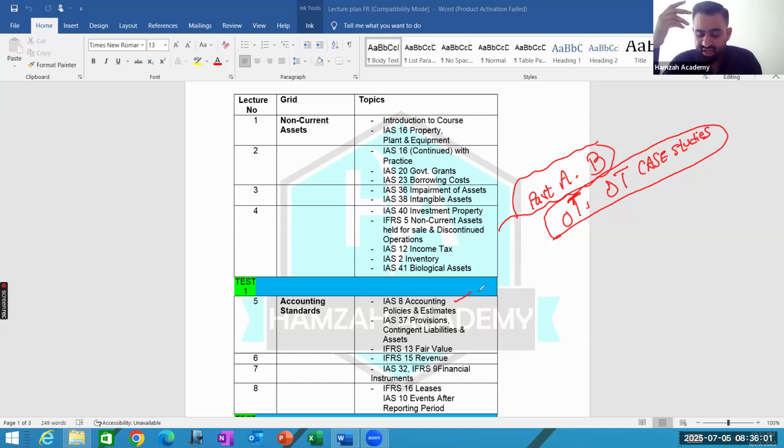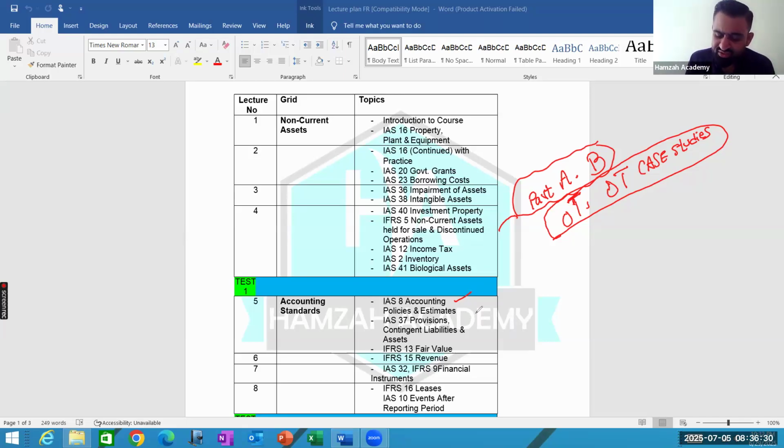If we have any errors in our financial statements in the prior year, how should we account for the change in policy or adoption of a new policy or change in estimate, or how to correct the accounting error? We will learn that in IAS 8, accounting policies, estimates, and errors.